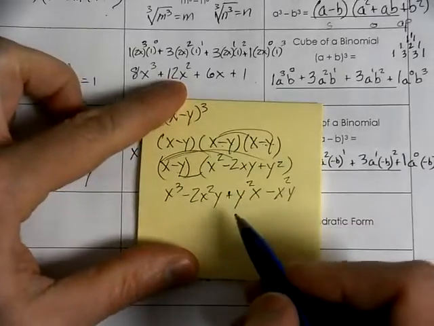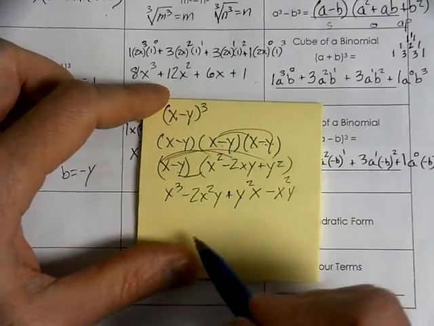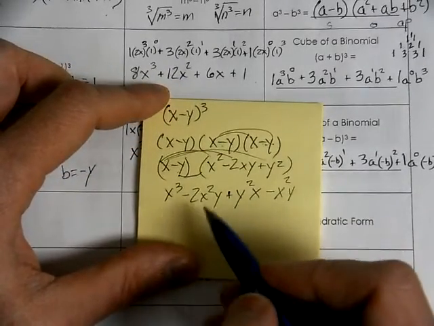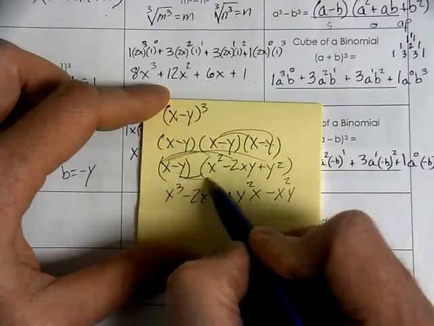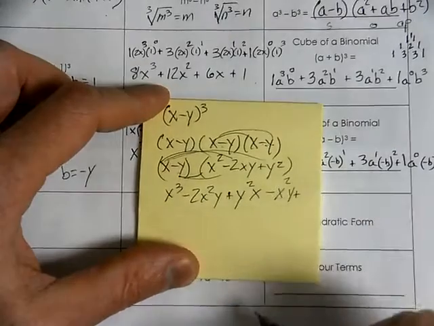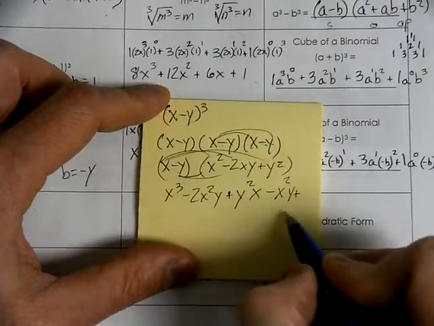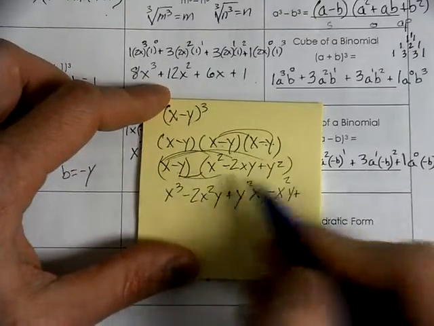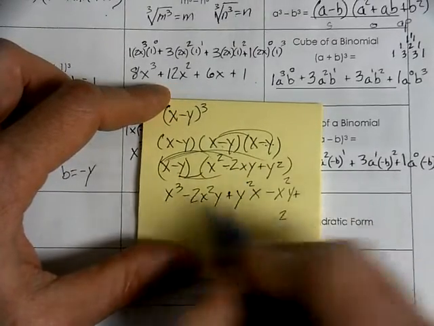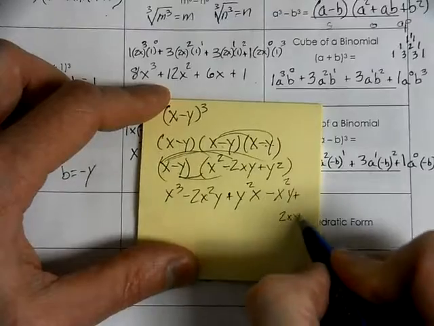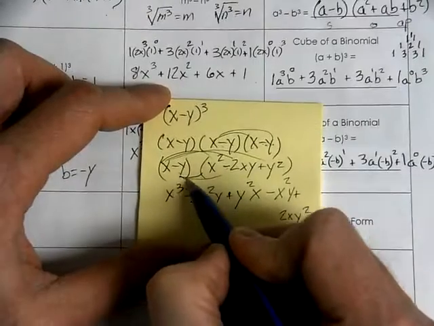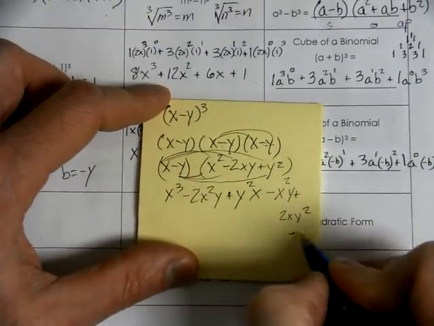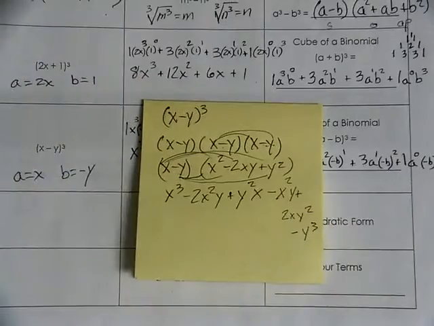Getting a little confused on what's happening here, but maybe it's working out just fine. Then we have negative y times this makes a positive. A negative and a negative makes a positive. 2xy squared. And then a negative y cubed.